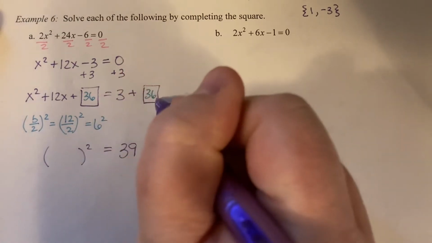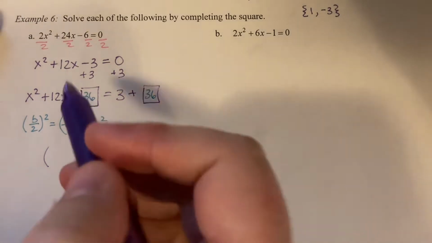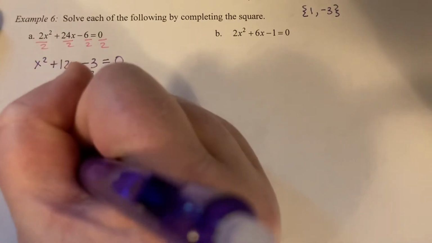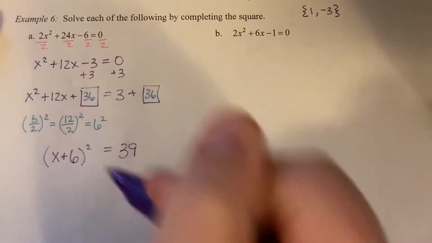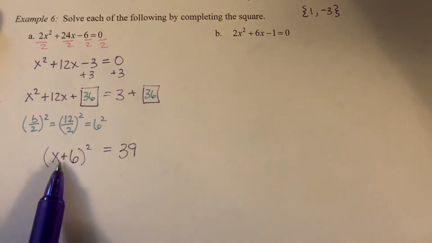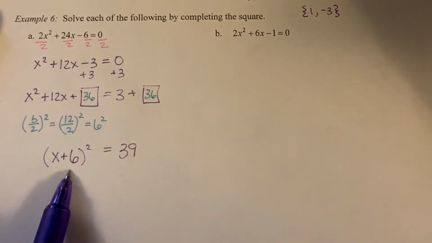And then on the right side, it's going to be 39, 3 plus 36. And what goes here is always x plus that b over 2. Before we squared it was just 6, because now if I square x plus 6, we get x squared plus 12x plus 36.